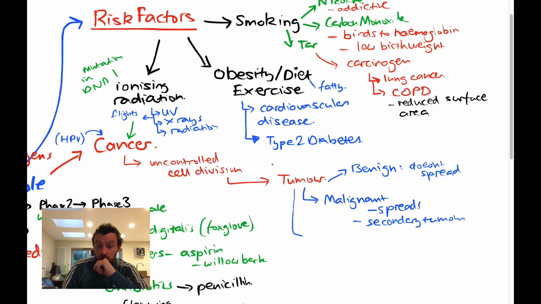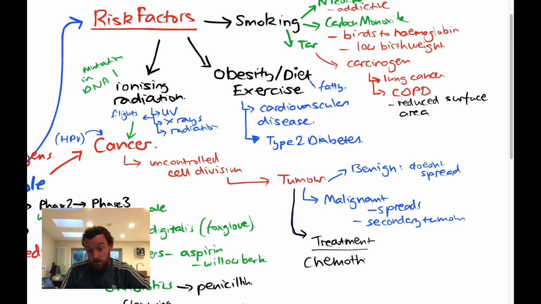I wanted to do a different colour there. Treatment can be chemotherapy, which targets quick growing cells, or radiotherapy, which just kind of shoots a beam of radiation at where we know the tumour is to kill the cells in that area.